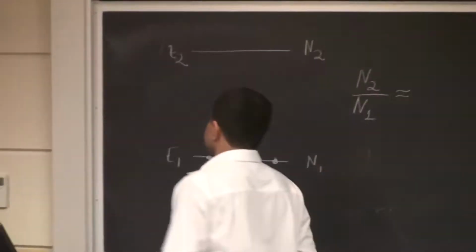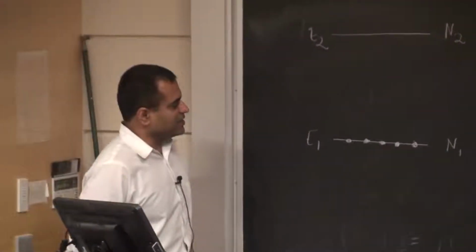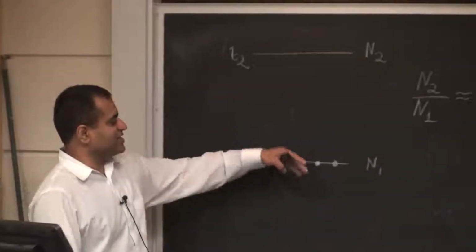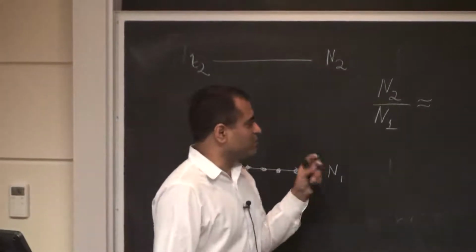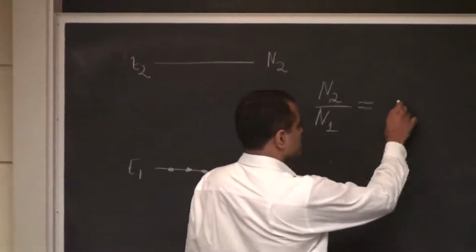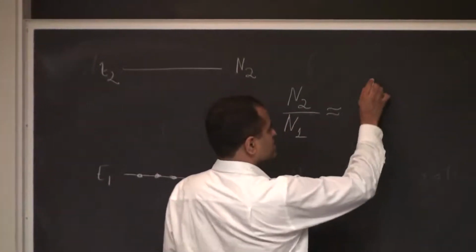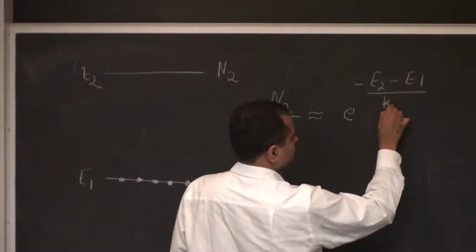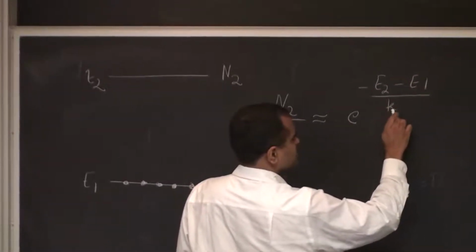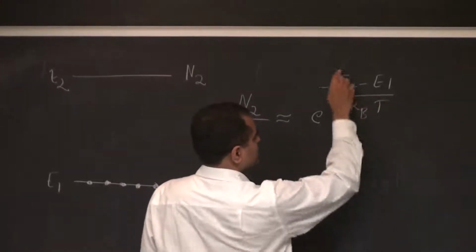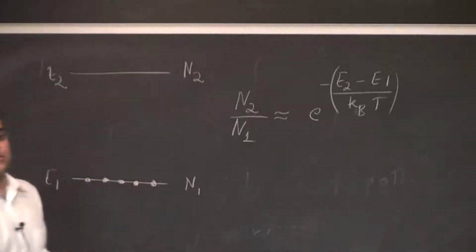That's right. So this is electrons being fermions. Actually, it does not matter what particles you choose, whether bosons or fermions. This expression looks like E2 minus E1 over Boltzmann constant kB times temperature. That's how it looks.